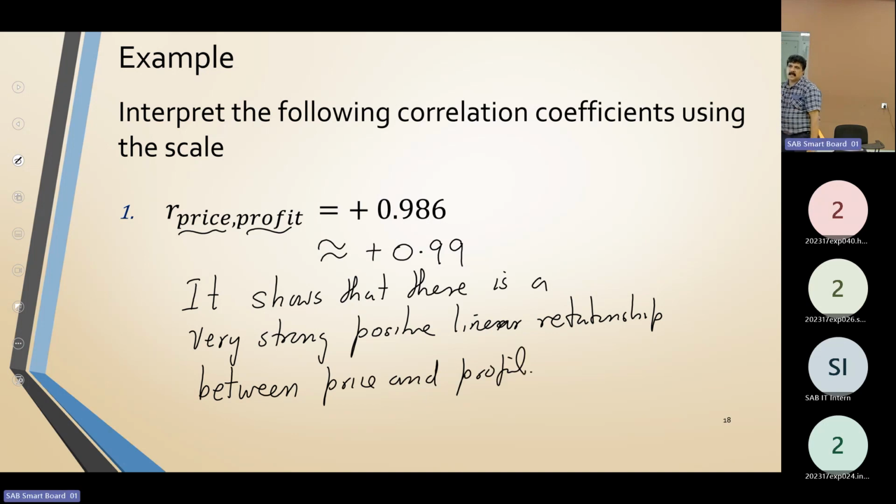It shows that there is a very strong positive linear relationship between price and profit.